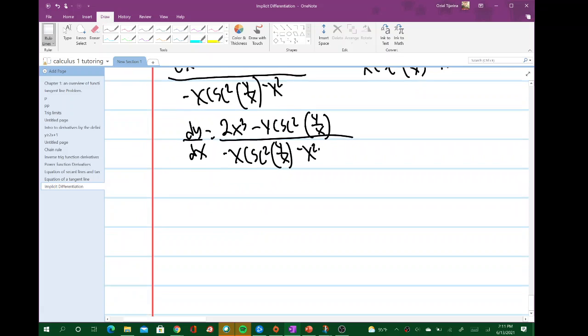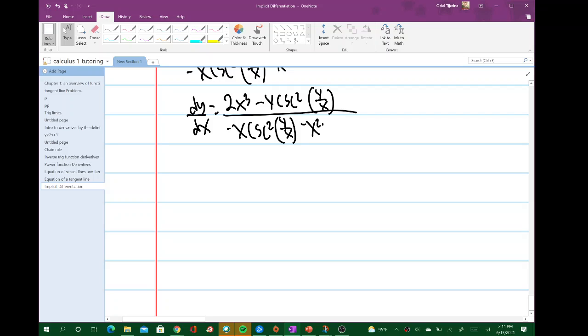So then we can simplify so that there's no negative on the bottom. So dy dx is equal to 2x cubed. Let's just get rid of the negative here.